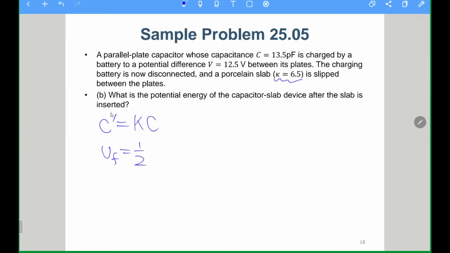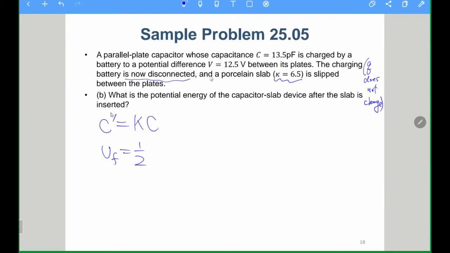Here it says the battery is now disconnected, which means the variable that doesn't change is Q. Q does not change because it's mentioned that the charging battery is now disconnected. There cannot be any current going in or going out.